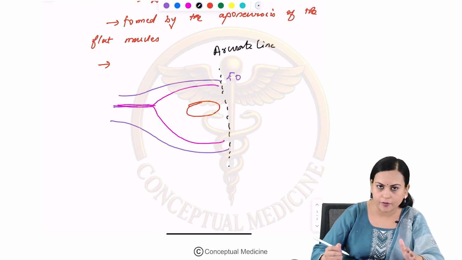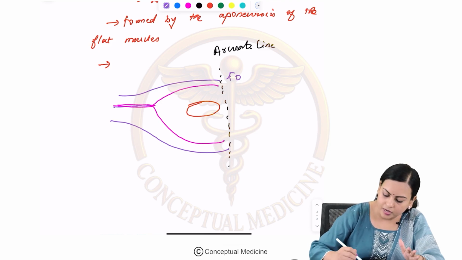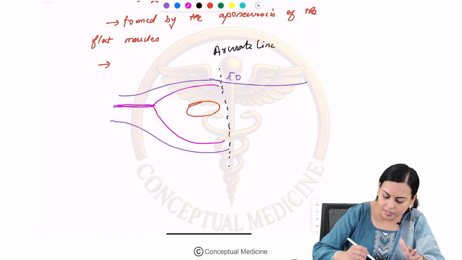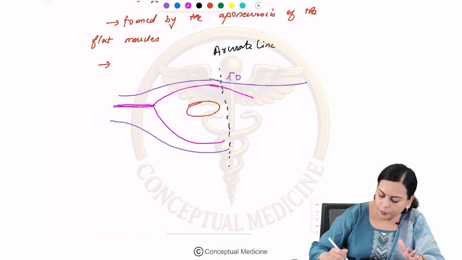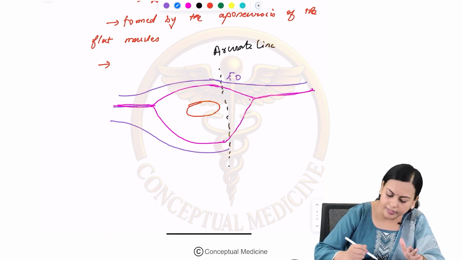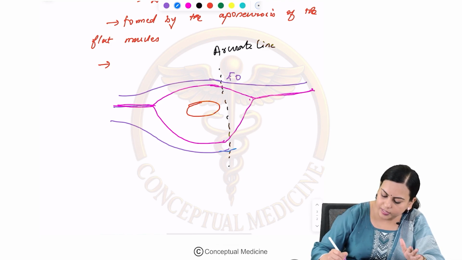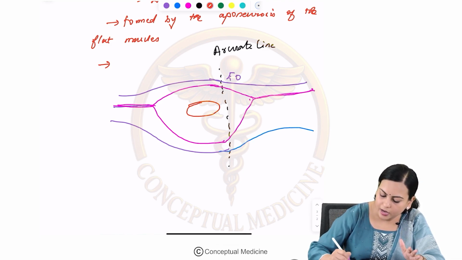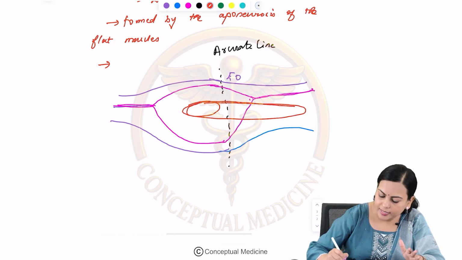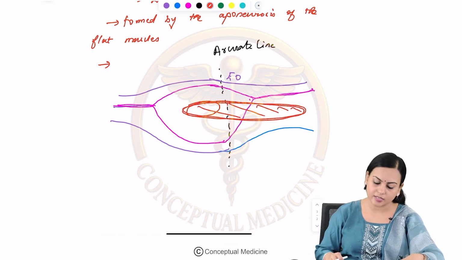Below this arcuate line, what happens is the external oblique aponeurosis passes like this, but the internal oblique aponeurosis and the transversus aponeurosis combine together and pass above the rectus muscle, and then the transversalis fascia passes down like this. Anyhow, the muscle is going to be this much size. Can you understand?